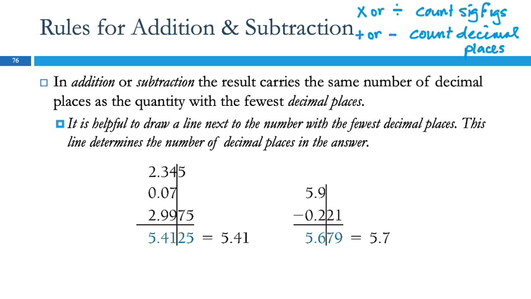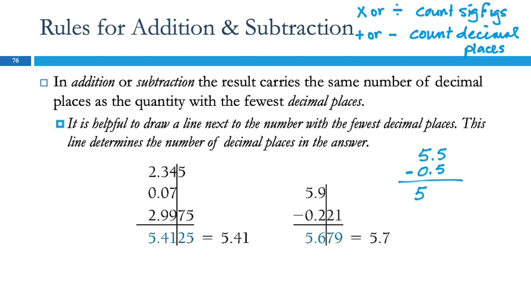Where students make a mistake with adding and subtracting, most commonly is where you get something like 5.5 minus 0.5. So what does your calculator tell you? It tells you 5.